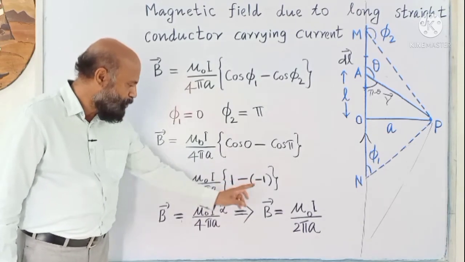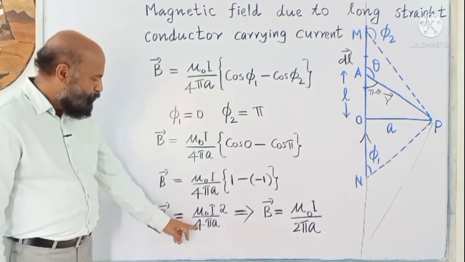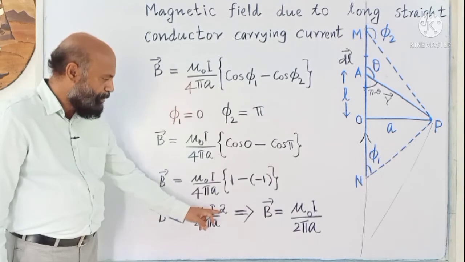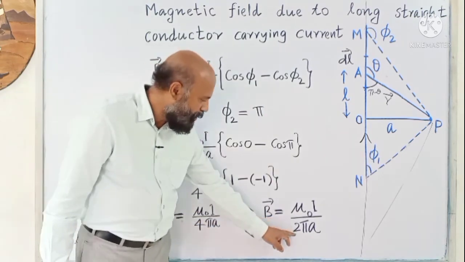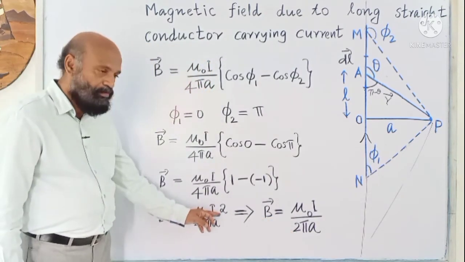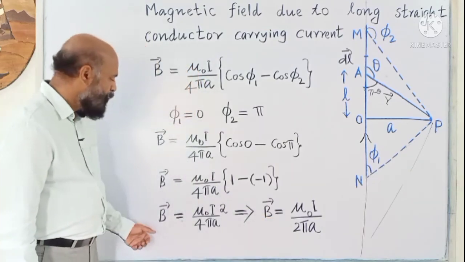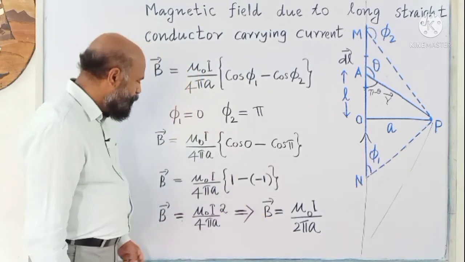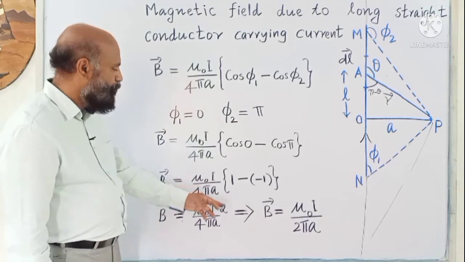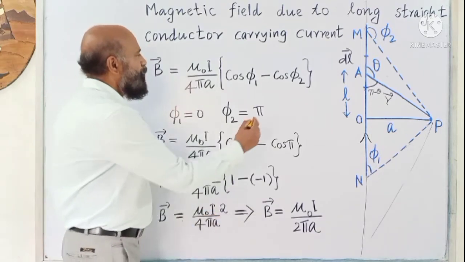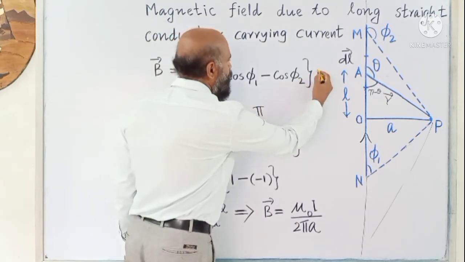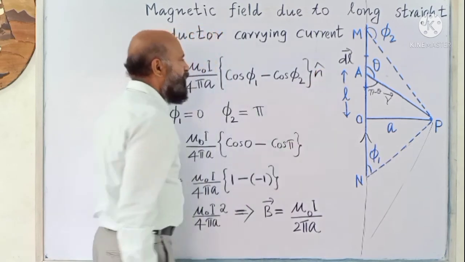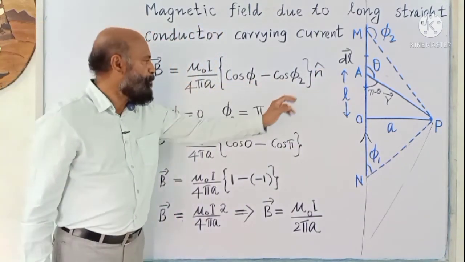So 1 plus 1 is 2. Then this 4 and 2 can be simplified, so you can write 2. B is a vector quantity, so we have to write n cap.